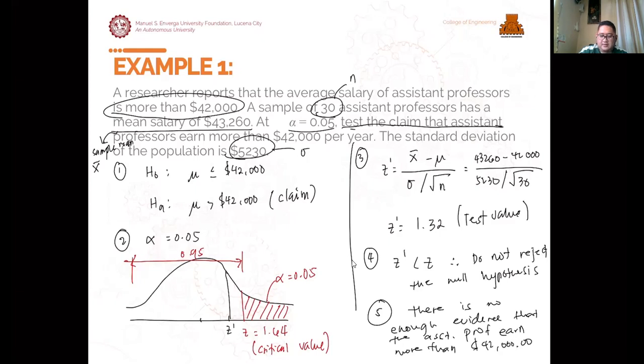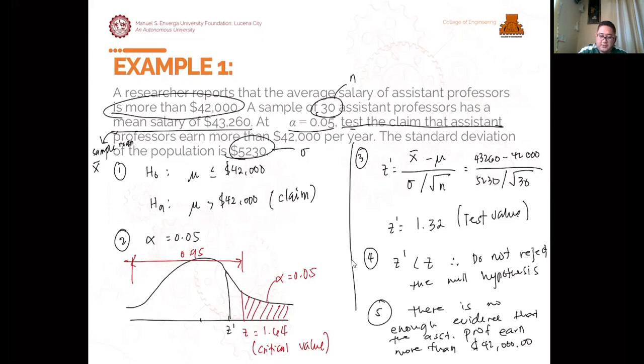Okay? Kasi hindi natin na-satisfy yung gusto niyang ipasatisfy. Okay? Kaya there is no enough evidence that the assistant professor earn more than $42,000. So, do not reject natin yung mismong null hypothesis natin. Okay? So, I hope malinaw 'to sa first part natin for z-test. Okay?